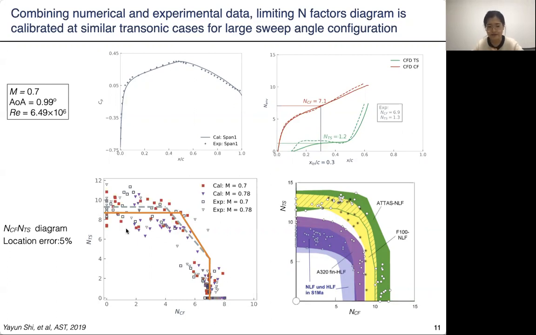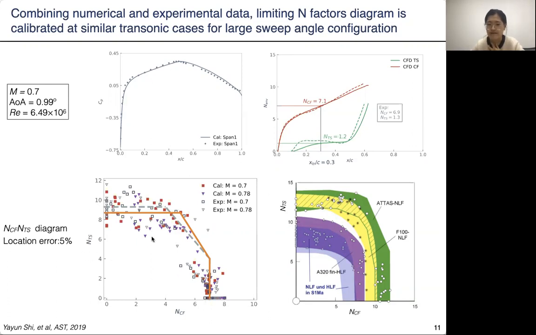And we can see the critical N factor is kind of scattered, and the scattered trend is similar to the results calibrated by DLR. For the critical TS instabilities, the average critical N is close to 9, and for the cross flow, it is close to 7.